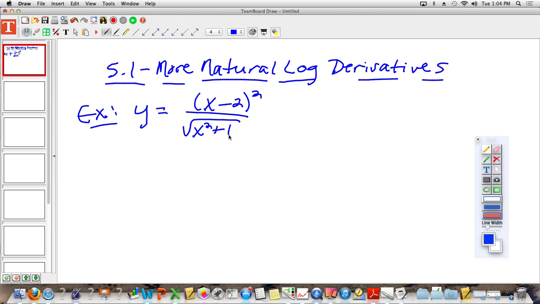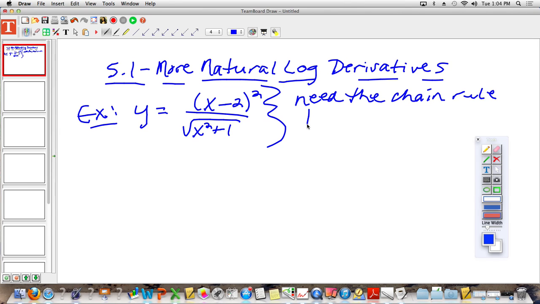So, in situations like this, what I would like you to do is put a little note next to this problem and say that you would need the chain rule twice and the quotient rule.